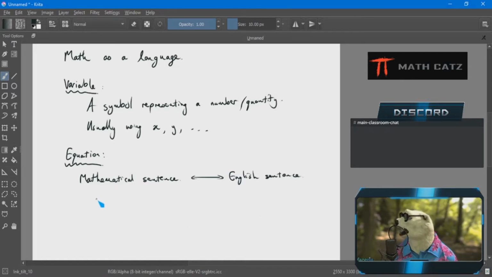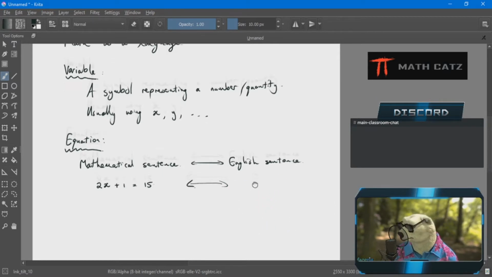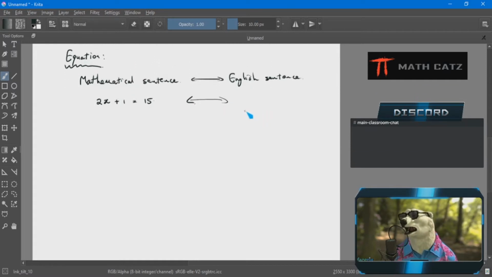So if I have a mathematical sentence like 2x plus 1 equals, let's say, 15, then that can come from an English paragraph or sentence or couple of sentences, an English explanation. For example, we could have the English version of this.